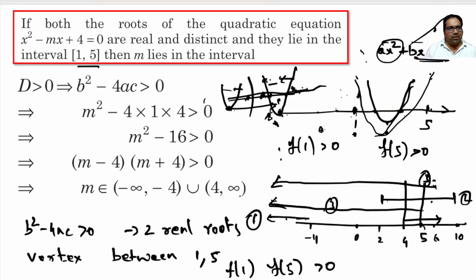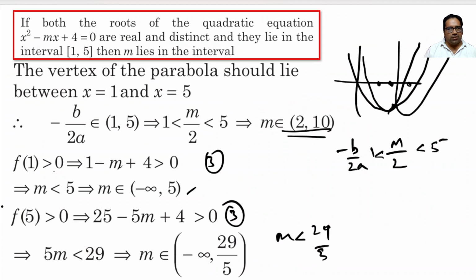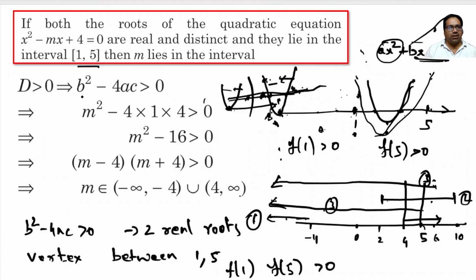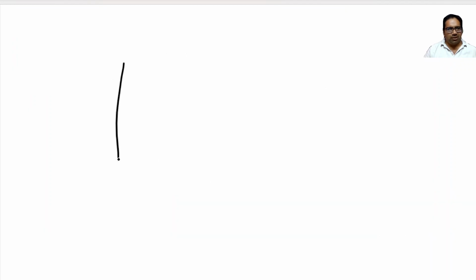Right. So it is very important for us to understand the graphical interpretation of this equation. Then we can solve this very easily. How can roots lie between 2 points? What we have discussed: if there is a graph like this, firstly, when b squared minus 4ac is greater than 0, it is touching the x-axis at 2 points.